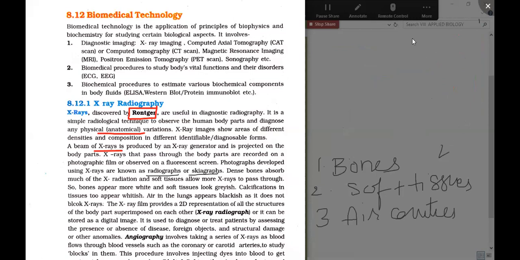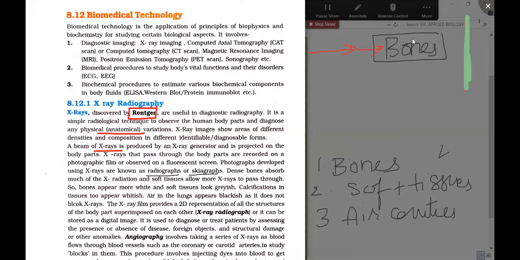For example, let me take a bone. When X-rays are passing, they need to enter here, and we are recording that on the photographic film.